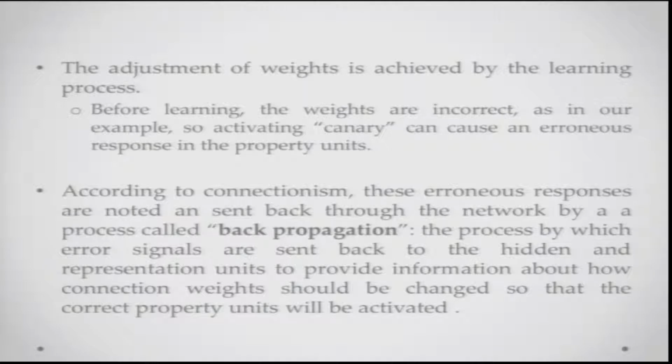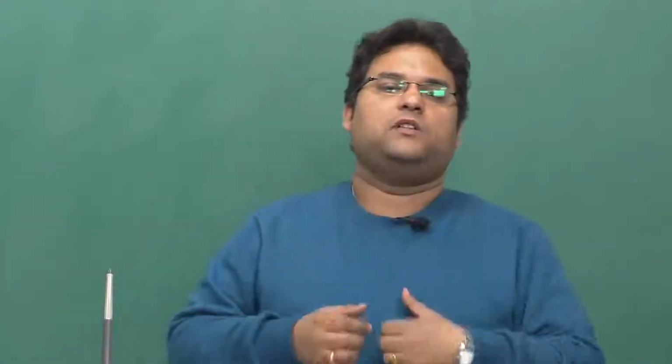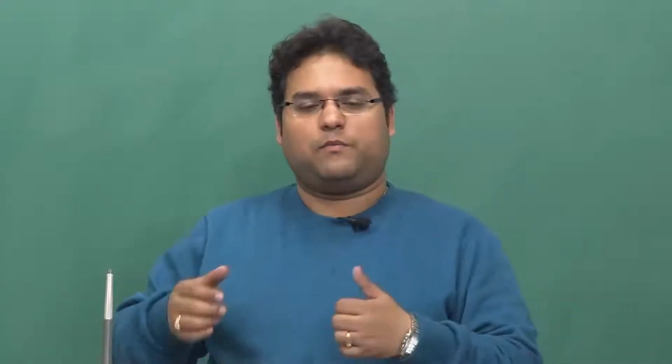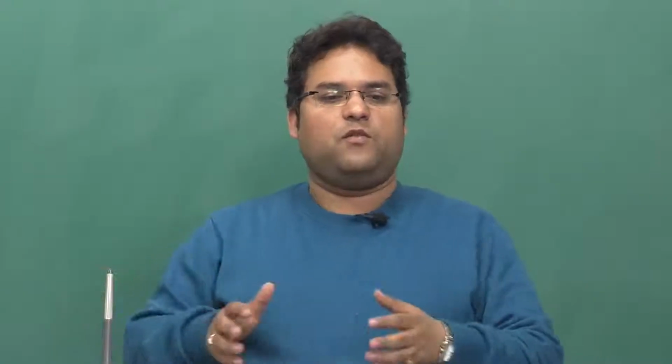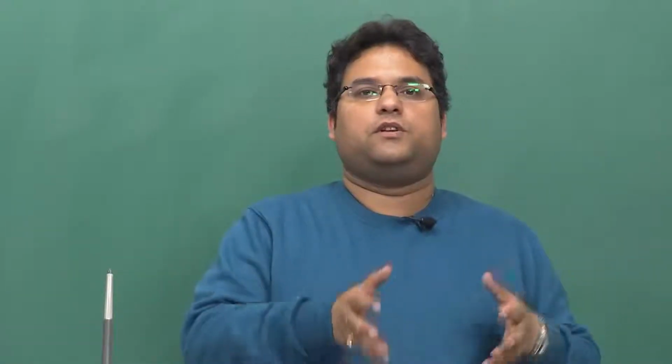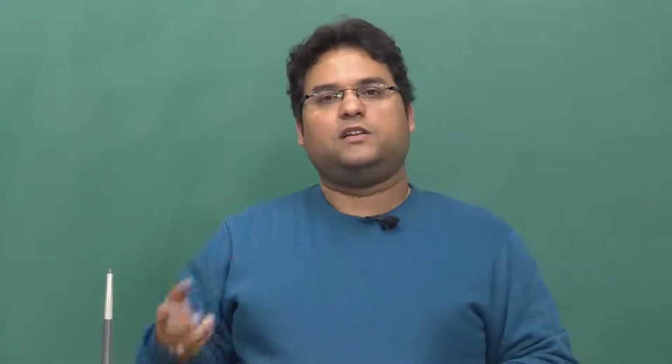Now, what is backpropagation? Backpropagation is the process by which error signals are sent back. Suppose this network has started learning and you keep repeating this process of getting an output until a correct output is there. Every time an erroneous output is given, these erroneous outputs are noted down and sent back to the hidden units and the representation units with the information that this is wrong, this is wrong, this is wrong. When this information reaches the hidden and the representation units, the connection weights are adjusted.